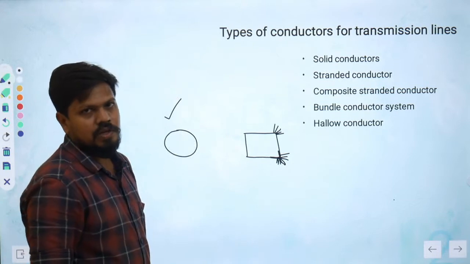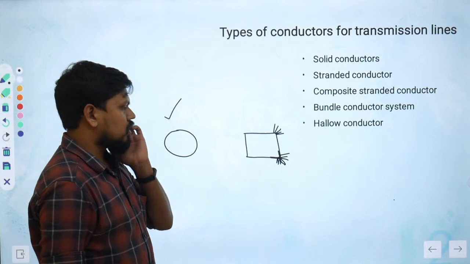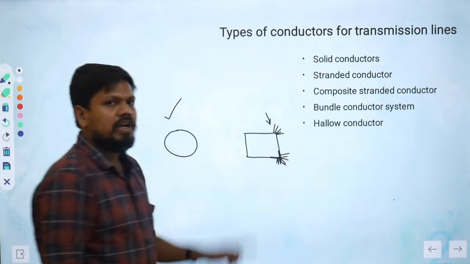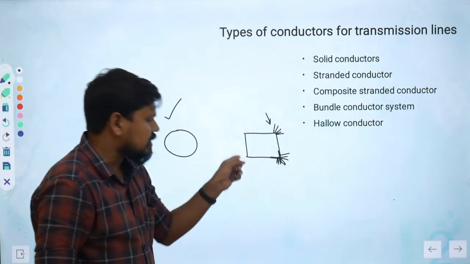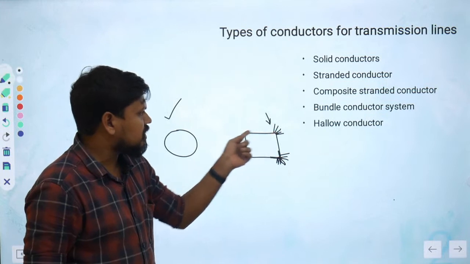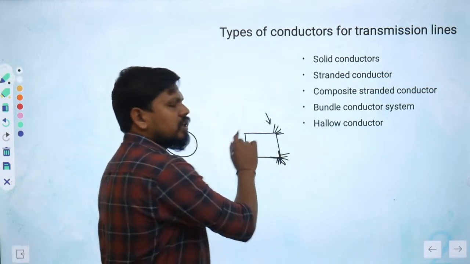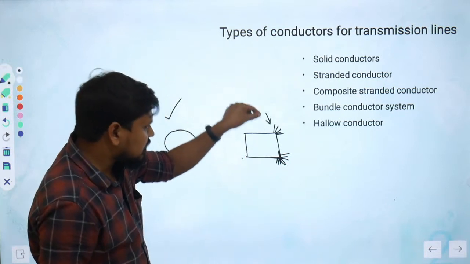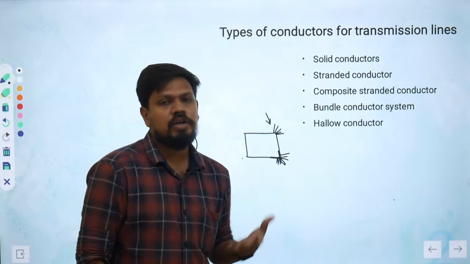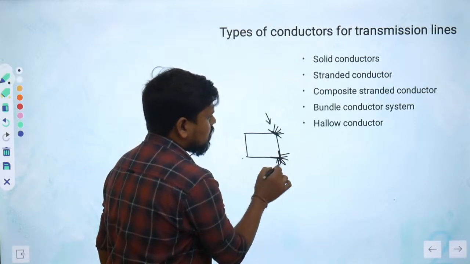Because of this, at these irregularity points the voltage stress on the conductor surface will be more, so we should avoid these irregularity points.